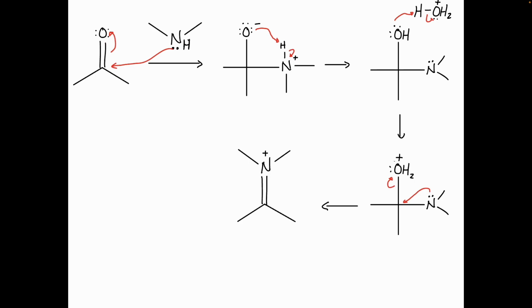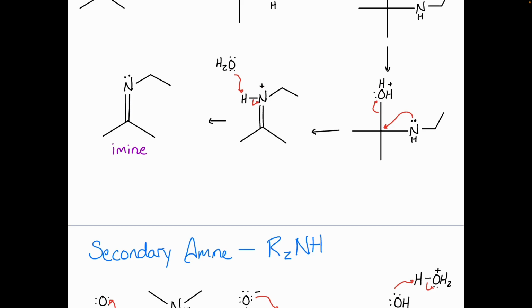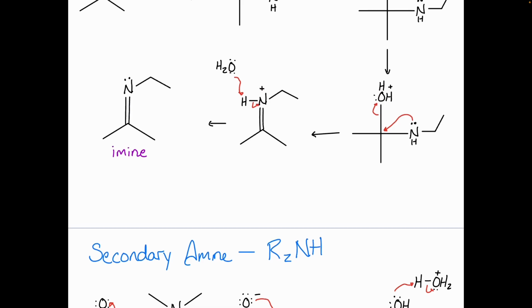All right, again, we have our nitrogen double bonded to our carbon. But if we look at our last step in our previous reaction mechanism, there was a hydrogen that we could just snag off, creating a neutral nitrogen, and that led to our imine.